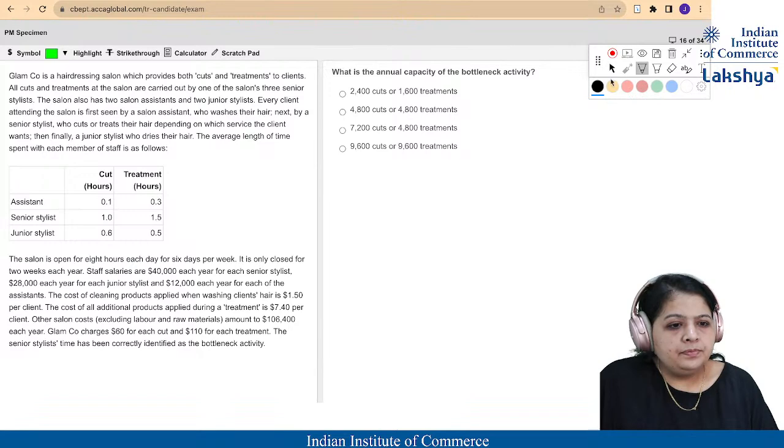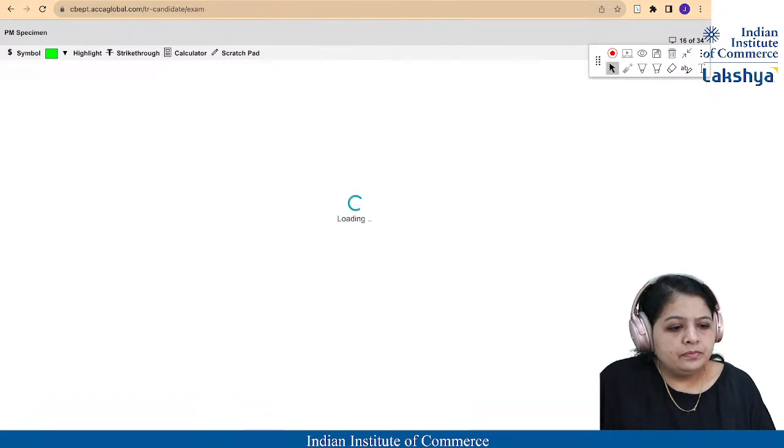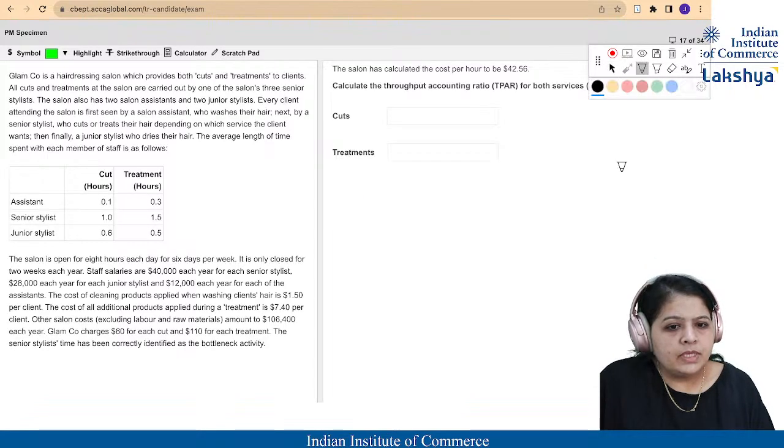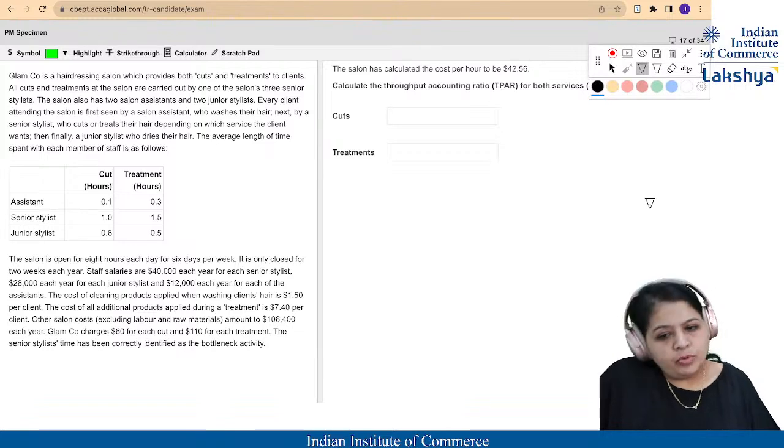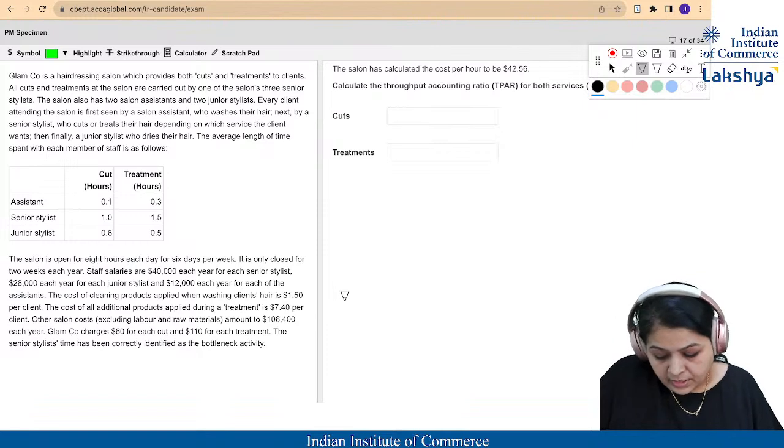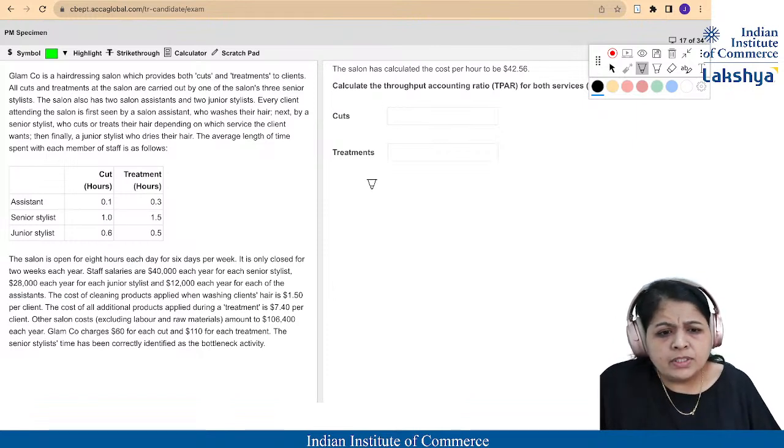Next question. Calculate the TPAR for both the services, right? Now we have got the values here for TPAR. We have got the selling price. Let's go for the cuts first.